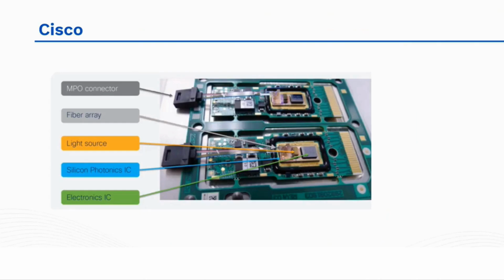For this reason, some companies like Cisco, for instance, created photonic electronic circuits like this. As you see here, this is a photonic electronic chip. Here is an electronic IC, the blue one is silicon photonics, and here is a light source and fiber array.